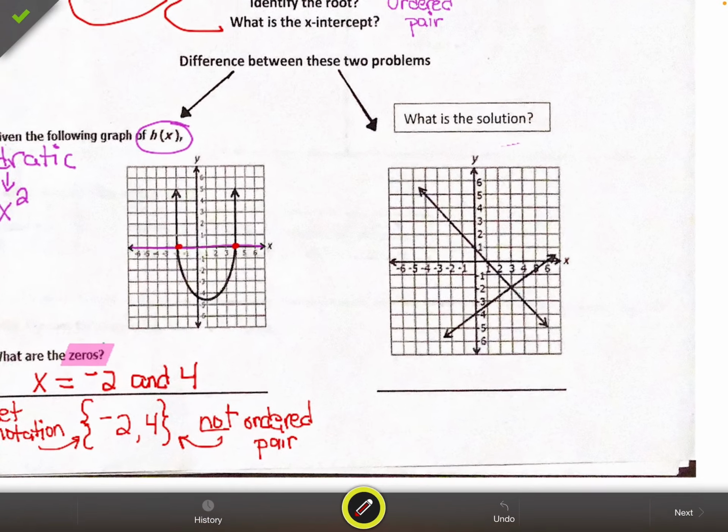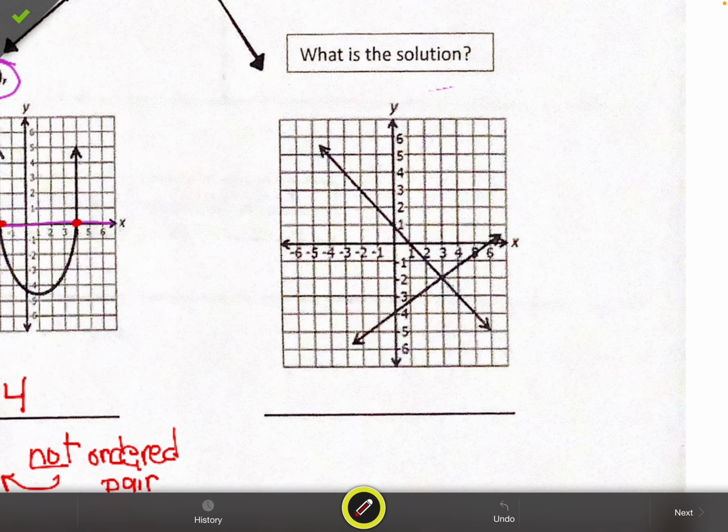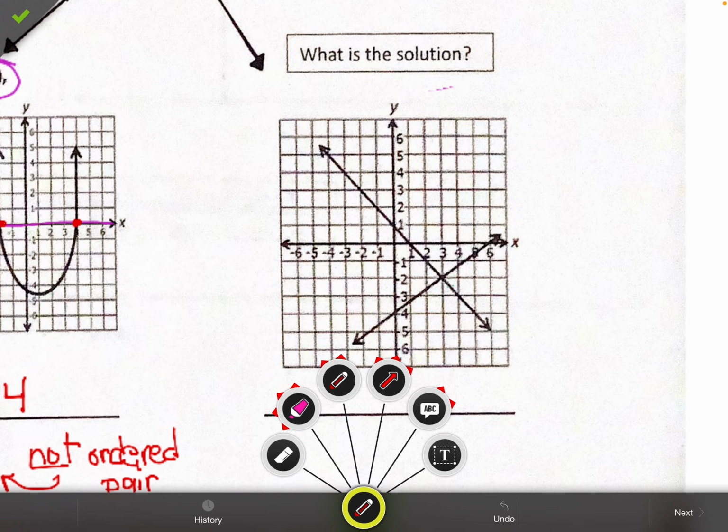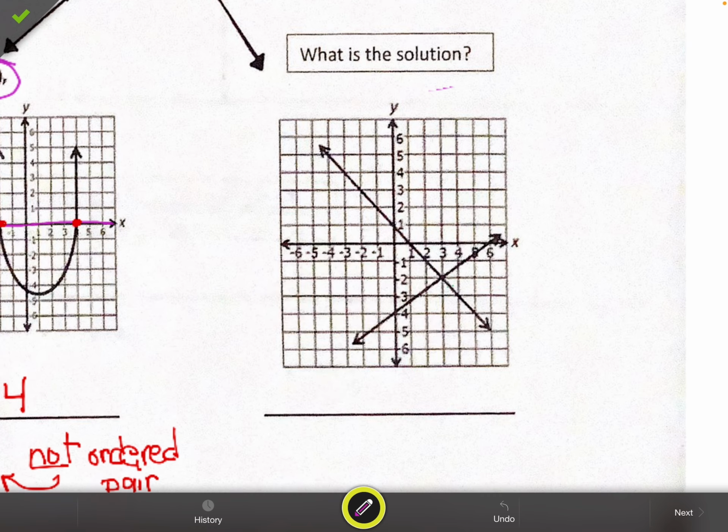Now, from the other week, what we did was systems of equations. And systems of equations have one solution, no solutions, or infinitely many. If your two lines intersect, then you have one solution. So notice the question, what is the solution? Now with linear equations, equations that give you lines, clearly I have two lines, so this is two linear equations.